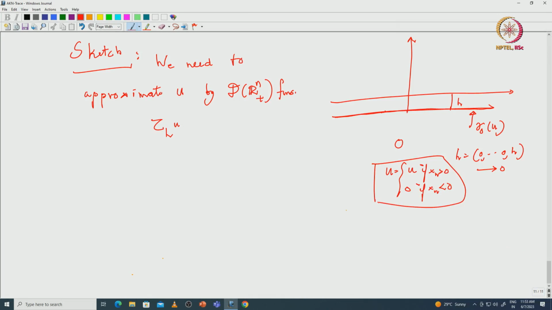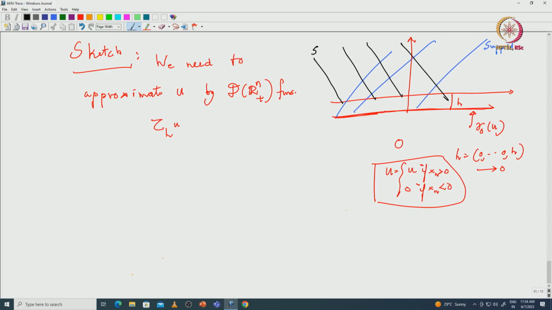And then with this extended function, you see u has support here, above this one. That is the support of u. But if I take tau h of u, you see, tau h of u will have support here.